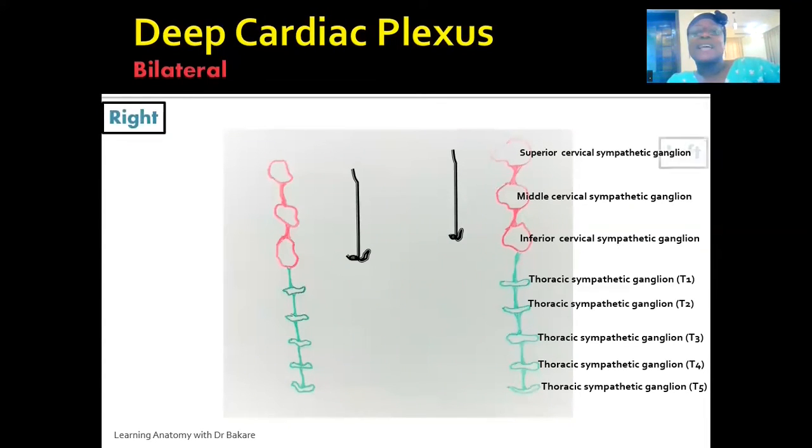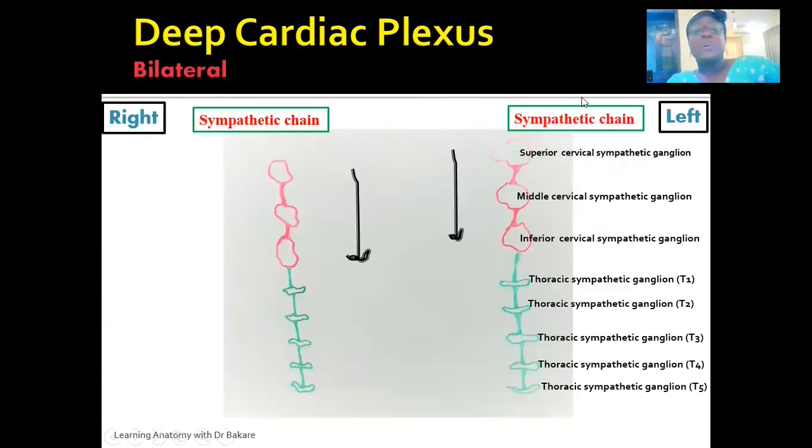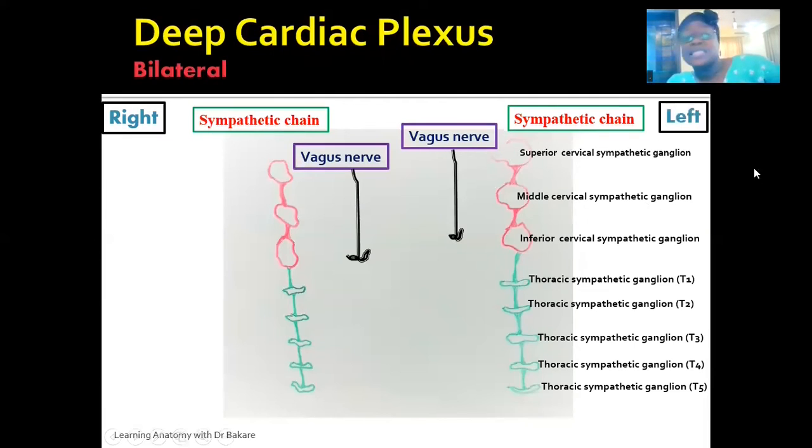We have the right and the left side, and we know that for the sympathetic chain, we have the right and also the left side. We already established the components of the sympathetic chain involved in the formation of the cardiac plexus. And we also have the parasympathetic component from the vagus nerve, which is highlighted here in black.